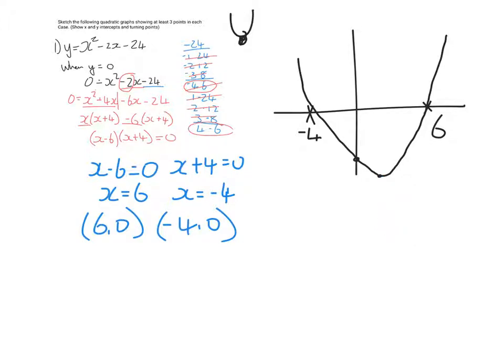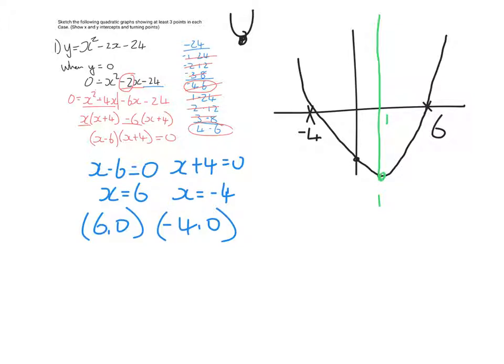So if I was to draw my line of symmetry up here, it's the same distance from the 4 as it is from the 6. Now the total distance from 6 to negative 4 is 4 plus 6 is 10, which means this is 5 or this is 5. So if I go 5 back from 6, then I know here that this is 1. And that's correct. 5 forward from negative 4 would also give me 1.